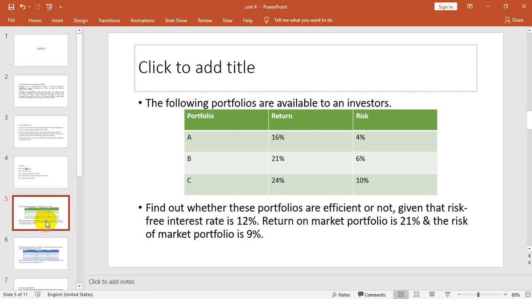So let's write down the entire question, the information over there. Return on A is 16% and risk on A is 4%. So let's take down this information.